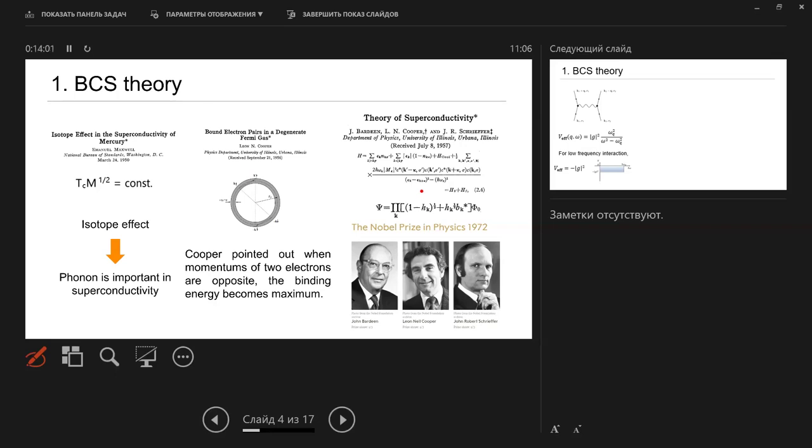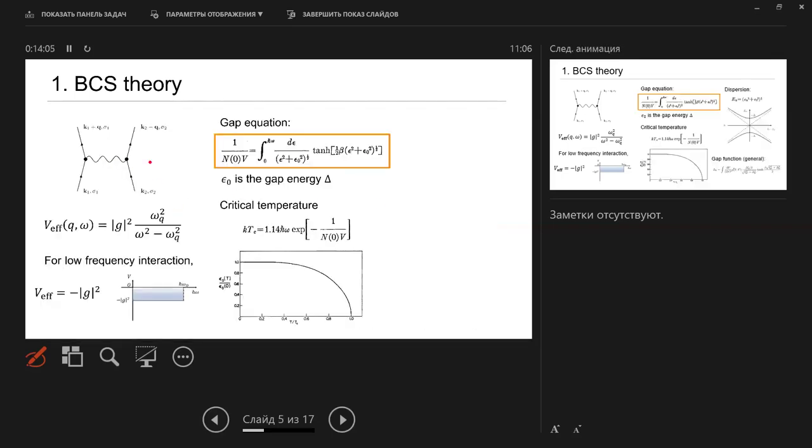So the spirit of the BCS theory is that they simplify the electron-phonon interaction. The electron-phonon interaction itself shall be both momentum and energy dependent.